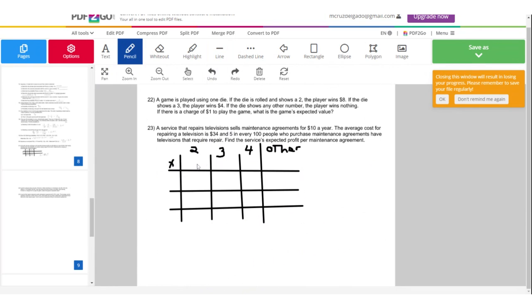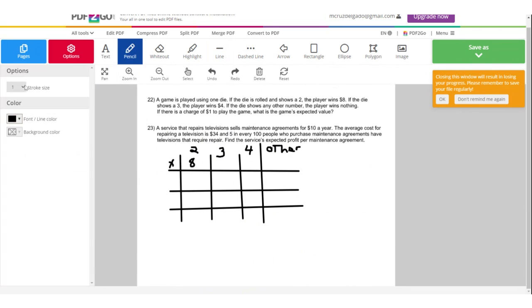All right, so what happens if they get a 2? Well, they get $8. If they get a 3, then they get $4.